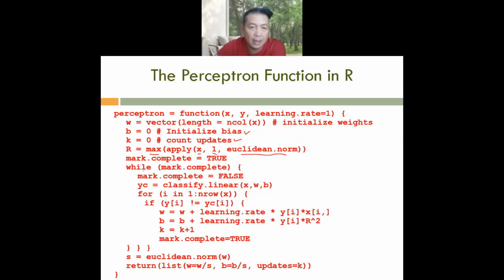While the marking is not complete, we are trying to classify. This is when we update the weights, and this is when we update the bias.